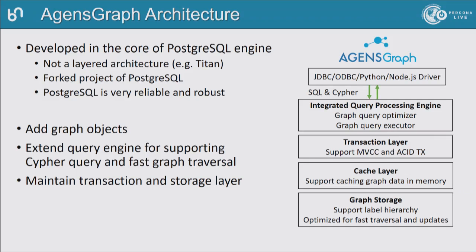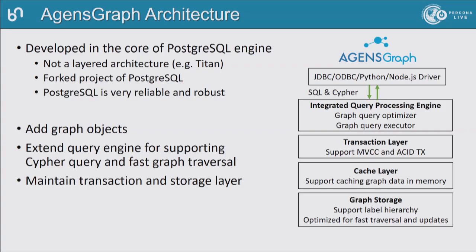I'll introduce the architecture of AgensGraph. AgensGraph is not a layered architecture. Rather, it is developed at the core level of the PostgreSQL engine. We implemented the graph objects and designed the storage layout for the graph data. We extend PostgreSQL's query engine to process Cypher queries.